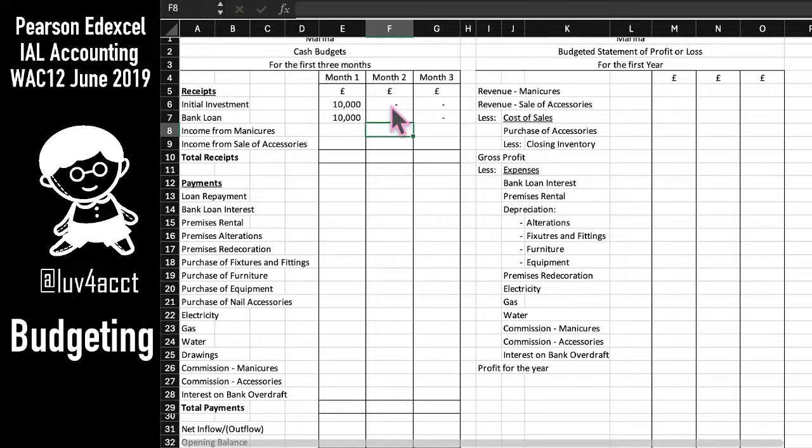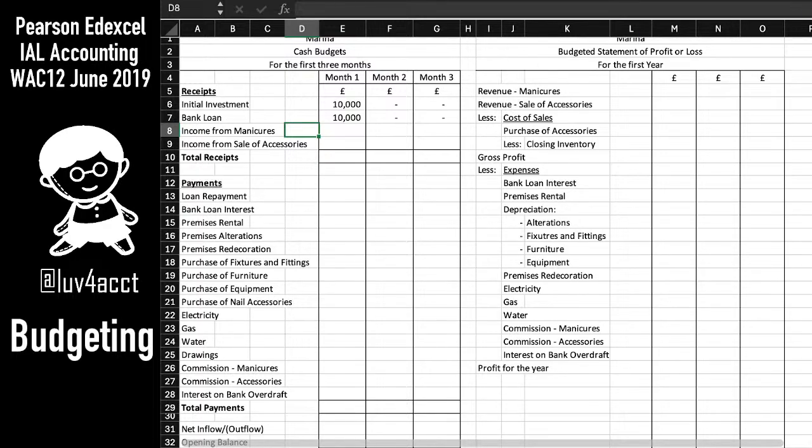Okay, and then nothing for month 2 and 3. Okay, next one. I would like to deal with the repayment first, because we will follow the order of the points given to us. Okay, next point will be the repayment.